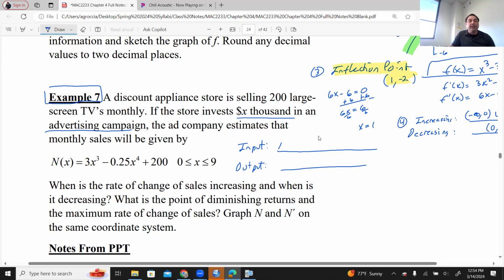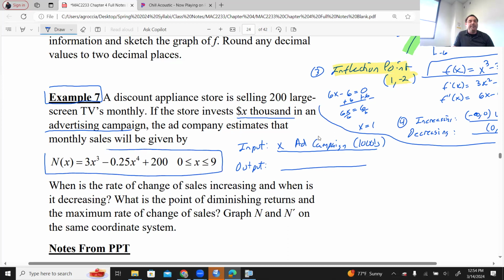The input, which is x, is the ad campaign in thousands. The output estimates that the monthly sales will be given by this function. Your output, n of x, is monthly sales.